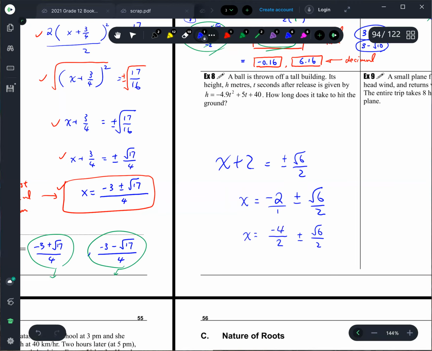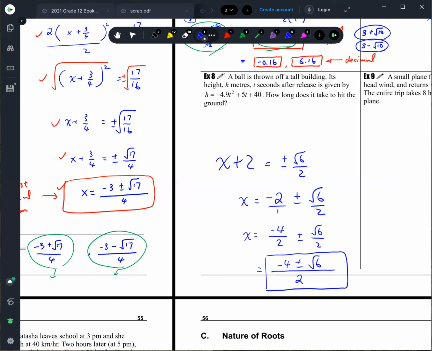You follow so far? Yeah. Now both of them are over 2, so you can write it together: negative 4 plus minus root 6 over 2. You need to combine the two terms. I think I just forgot to combine.